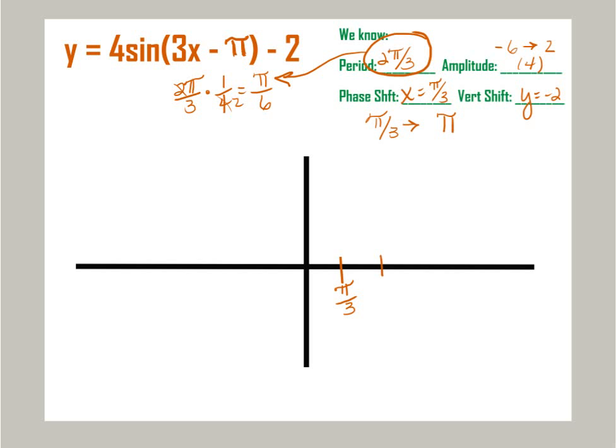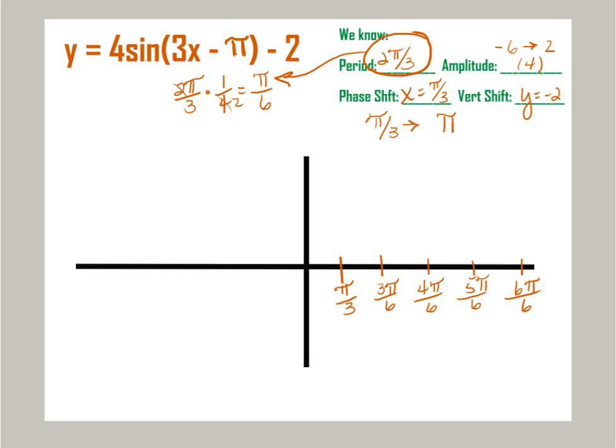So we'll end up at, so pi over 3 is 2/6, so we've got 3/6 and 4/6 and 5/6. And then the final 6/6, because what is 6 over 6? It's just pi, right? So there we go.